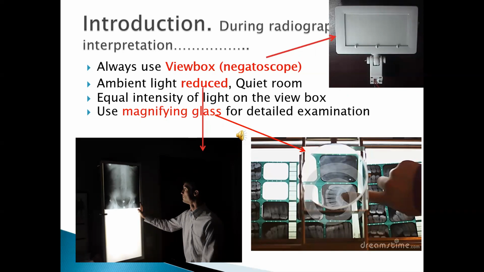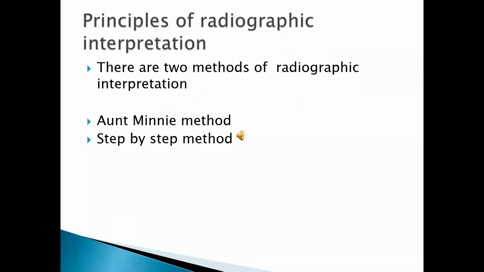Besides this, it is always advisable to have less amount of ambient light in the room. The room needs to be quiet, and if required, the dentist needs to use a magnifying glass to find out finer details. As I told you earlier, there are two steps of interpreting a radiograph.